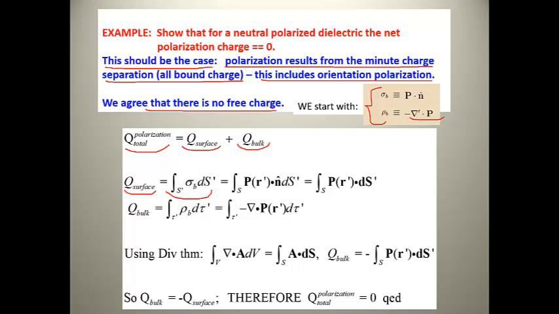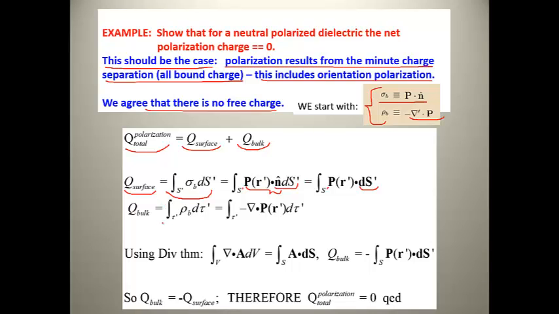Well, this quantity right here is equal to P dot n. So that's this equation right here. So we've just put that back into the surface integral. Integrate over the surface, and to be exact, I should put primes here and a prime here. And so that will be equal to the polarization P at r prime dotted into the dS prime vector, because that's what this is equal to.